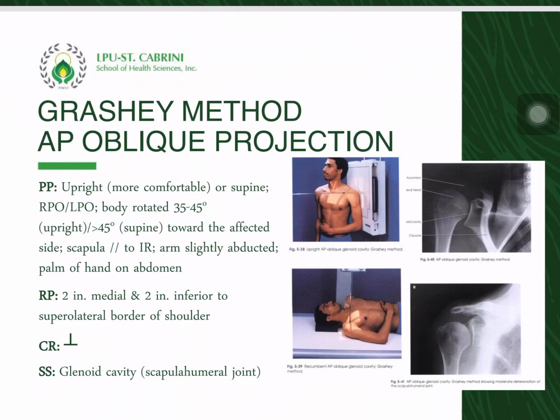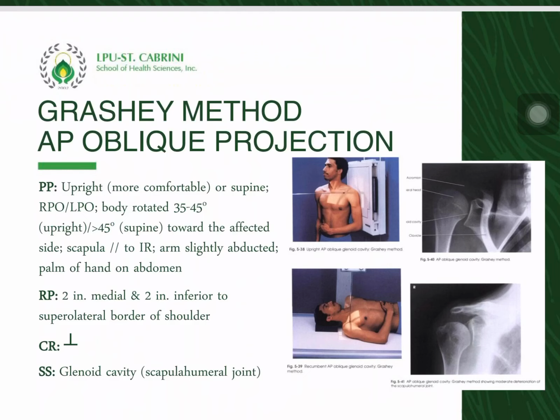If the patient is in upright position, rotate their body 35 to 45 degrees towards the affected side. While if in supine position, have them rotated at greater than 45 degrees to place the scapula parallel with the image receptor. The arm should be slightly abducted with the palm of the hand placed on their abdomen.